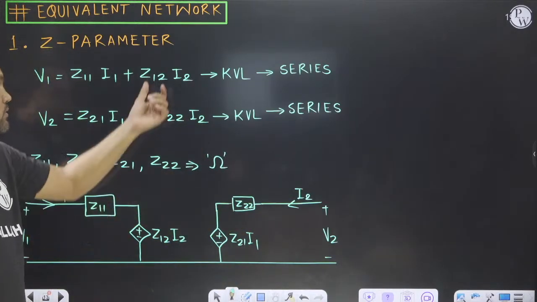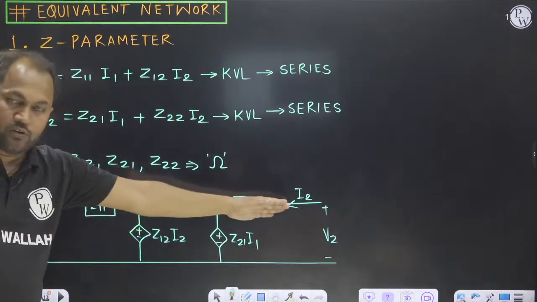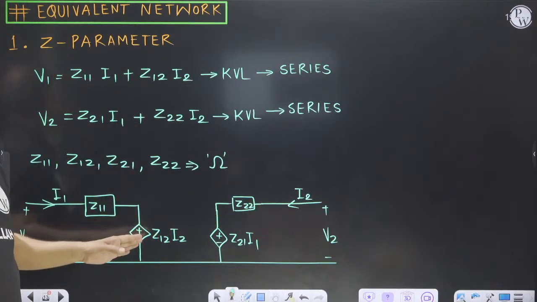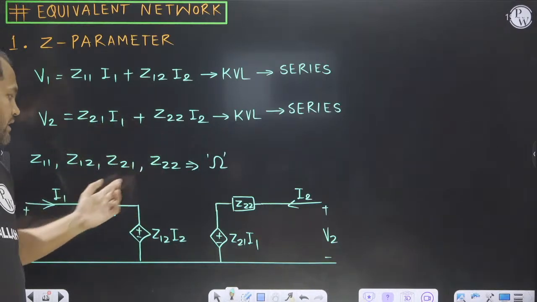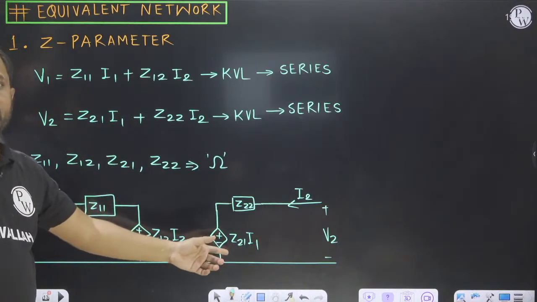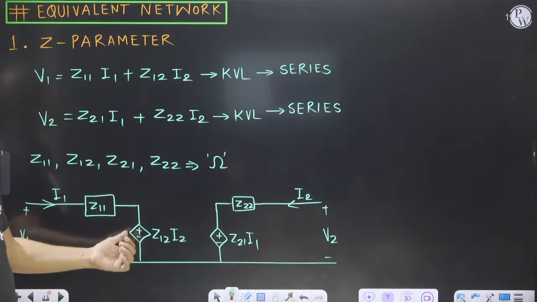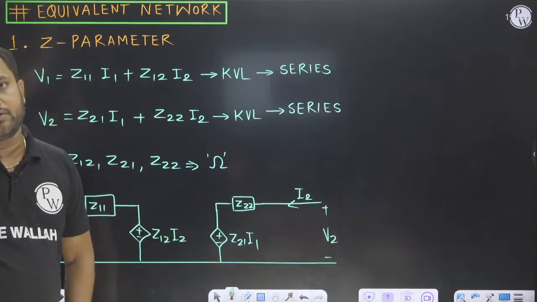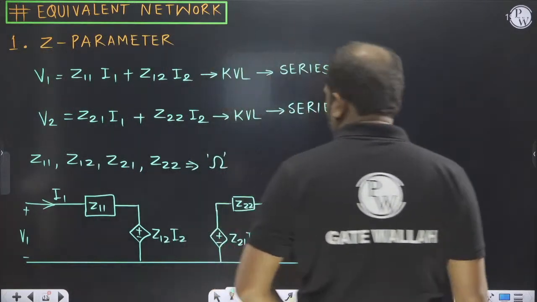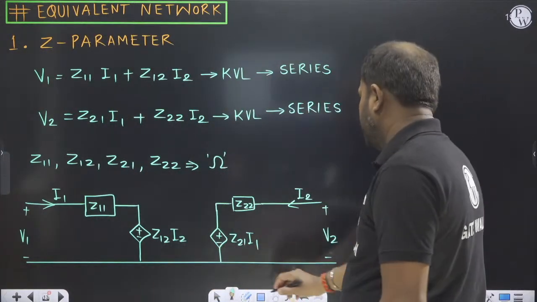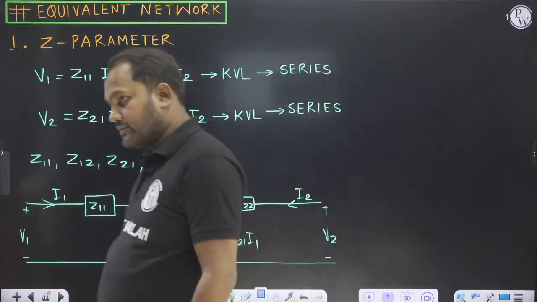I2 is in the second port but we are using it in the first port, so it is a dependent source. I1 is in the first port, but we are using it in the second, so it is a dependent source. Since it is voltage, it is a dependent voltage source. So this is for the Z parameter.